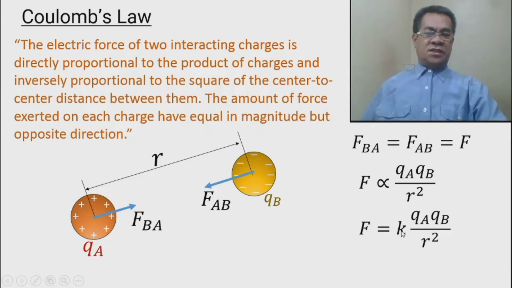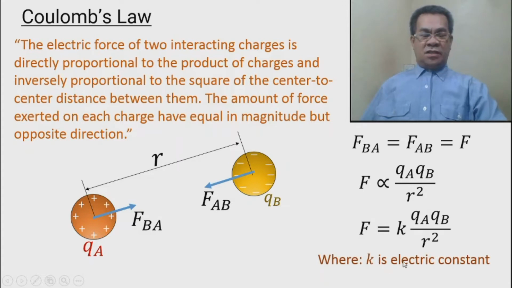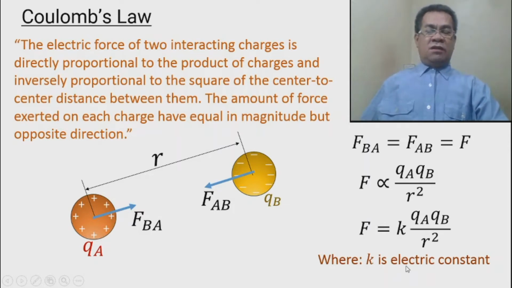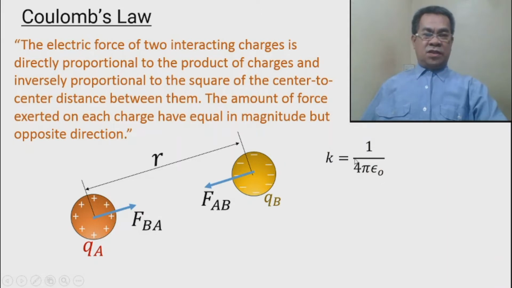But in physics, this K means the electric constant. And this electric constant is related to the permittivity of empty space or the vacuum. In the relation, K is 1 over 4 pi epsilon naught.